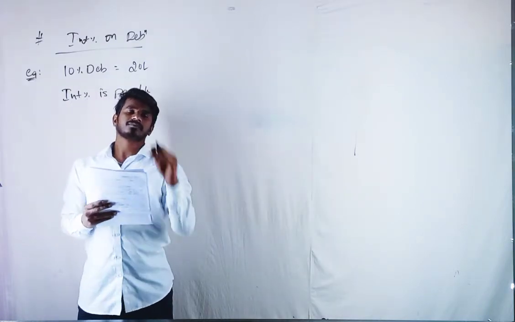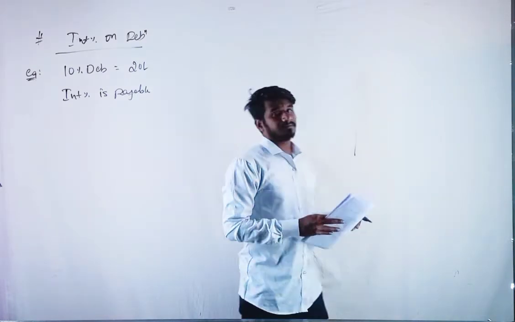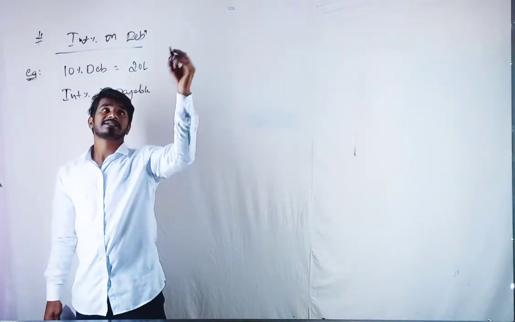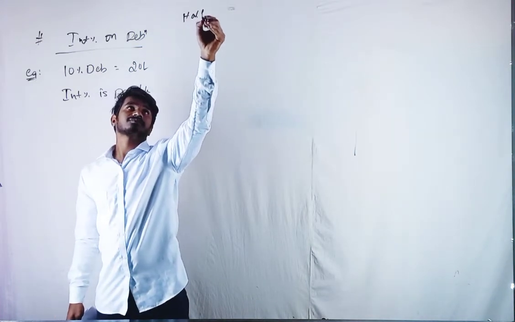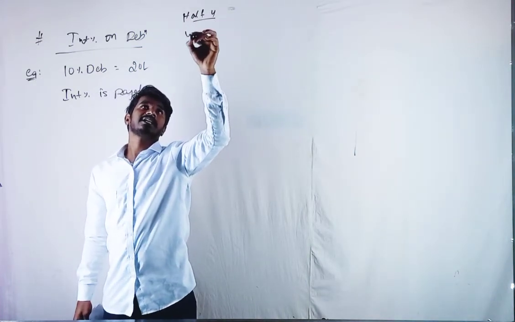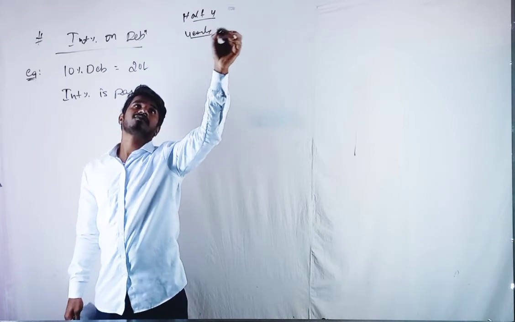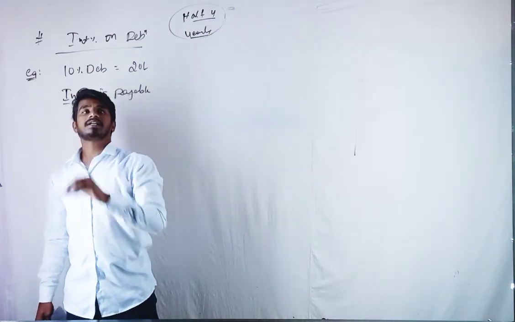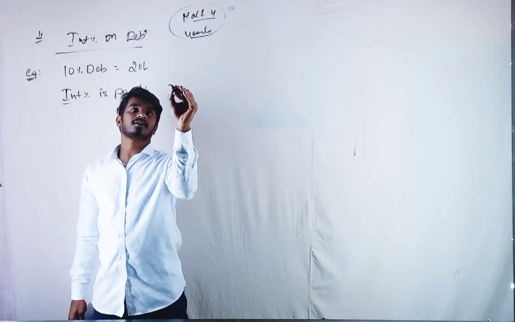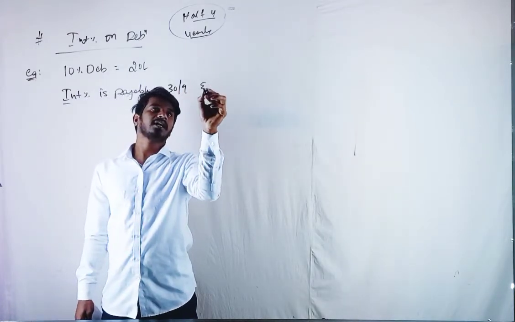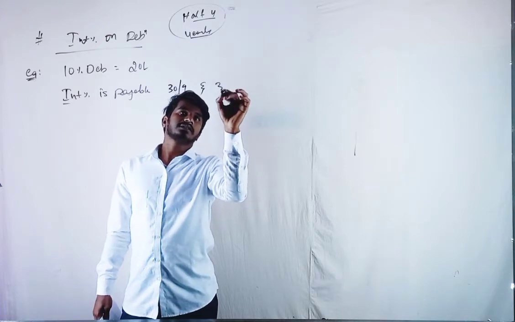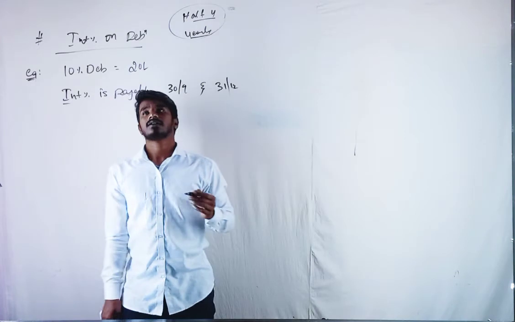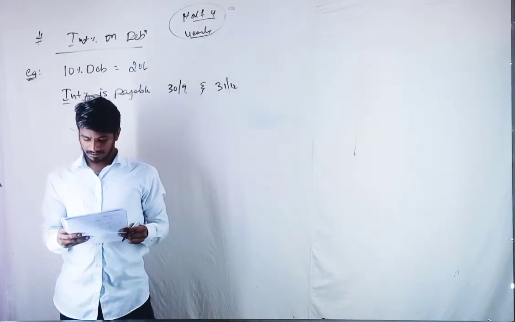Normally, in a company, they will pay the interest on debentures half yearly or yearly once. By that, interest is payable on 30th September and 31st December. So the financial year is the next.